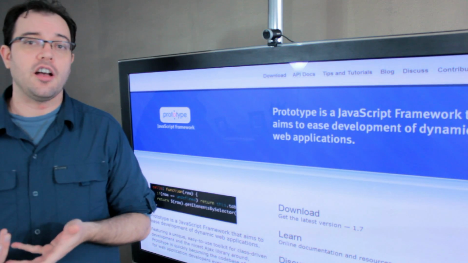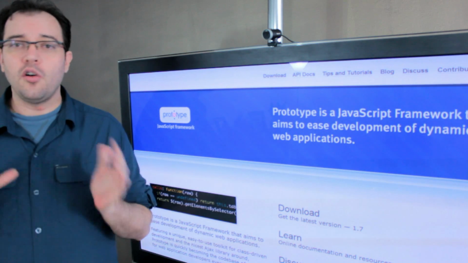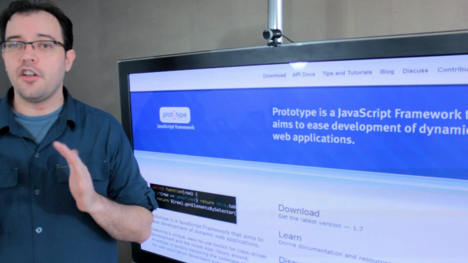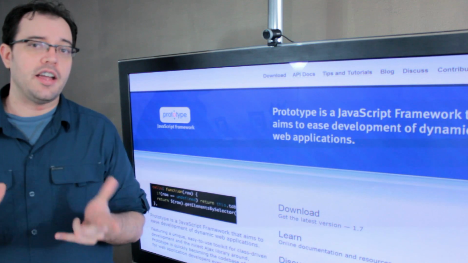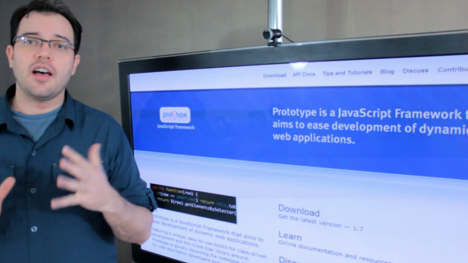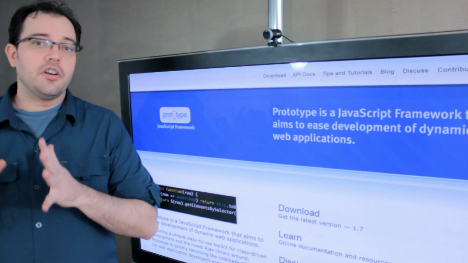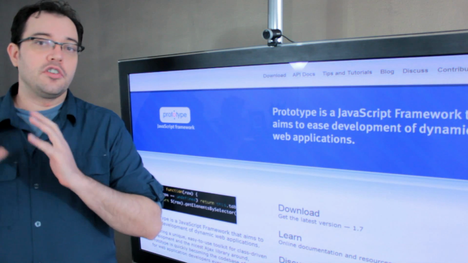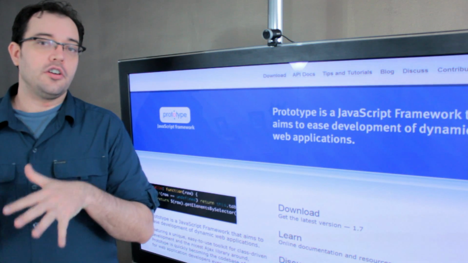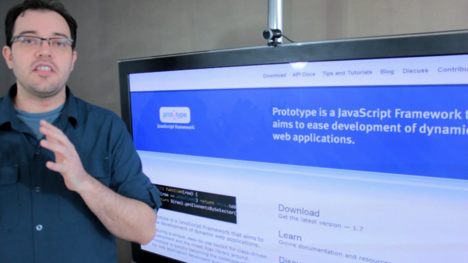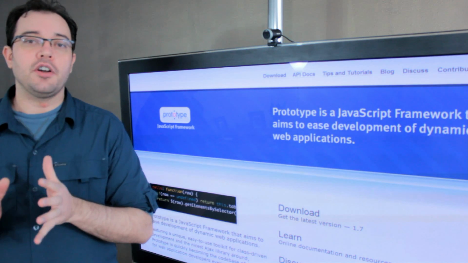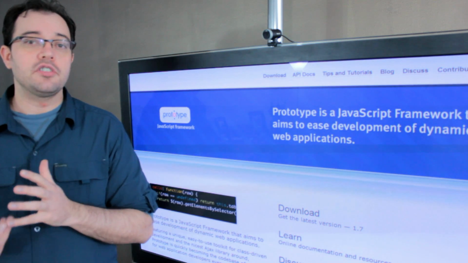They're both very common. They both are around the same size at 150K unminified, and they do a lot of the same things. jQuery is the favorite of Google and most other major websites because they have optimized jQuery into the way their browsers behave.